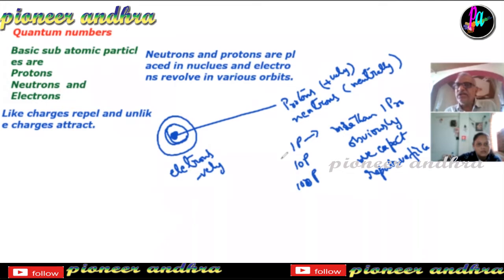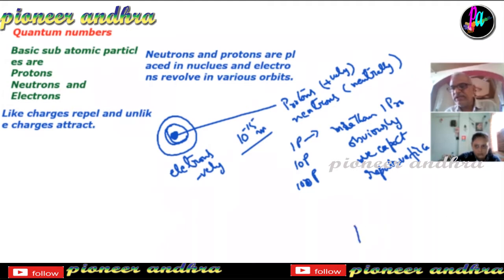It is known that all protons are placed in a small area which is called the nucleus. The size of the nucleus is of 10 power minus 15 meters. Imagine how short it is.